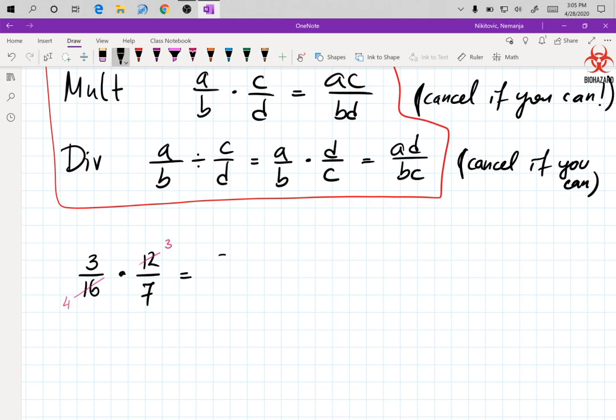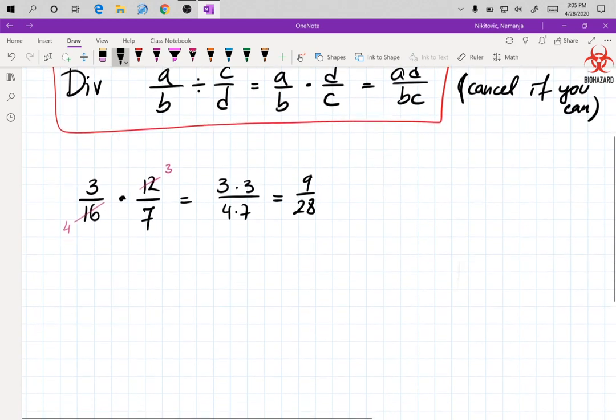And now when you multiply, you get 3 times 3 over 4 times 7. Nothing else cancels, so 9 over 28. And so we have this as our multiplication.